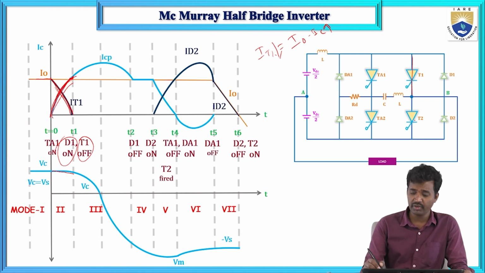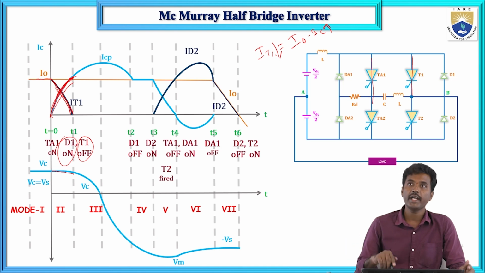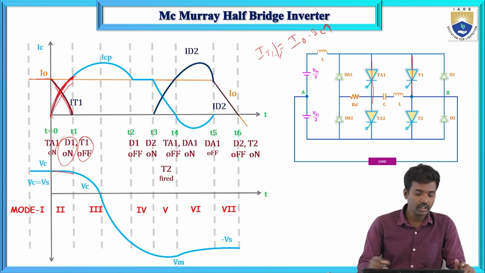This is the case for second mode operation. In the second mode, IC current increases, IT1 current decreases, and IT1 current will be 0 when IC equals I naught. At that point, T1 will be turned off and D1 will be turned on.